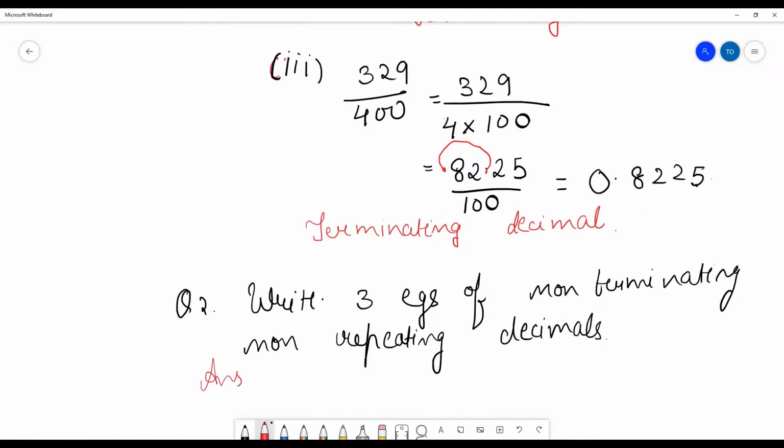You have the value of pi here. The value of pi is 3.14159265 and it goes on like this. So it is a non-terminating, non-recurring decimal.